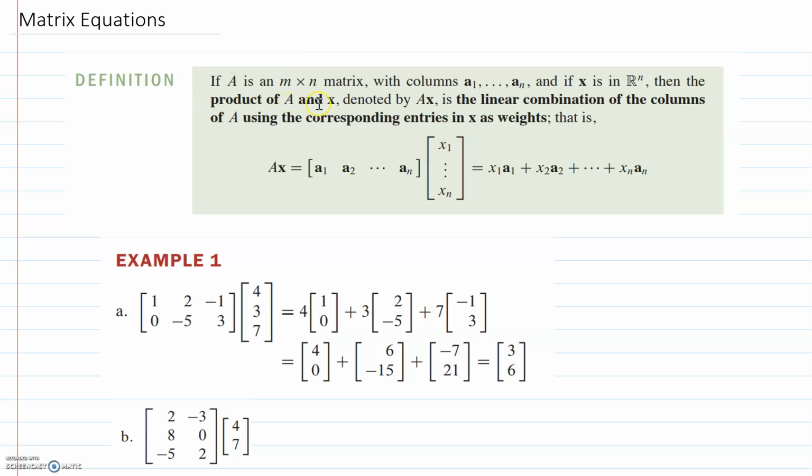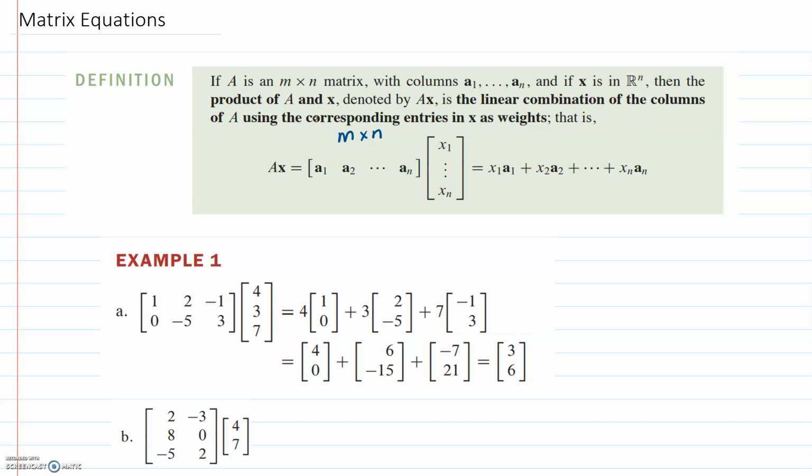Then the product of A times X, denoted by AX, is a linear combination of the columns of A using the corresponding entries in X as weights. So the definition of this product is going to be X1 times A1, plus X2 times A2, all the way down through added to xn times an. For this to work, you have to have the correct dimensions. So again, A is an m by n matrix.